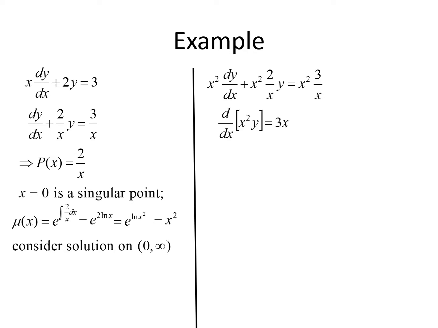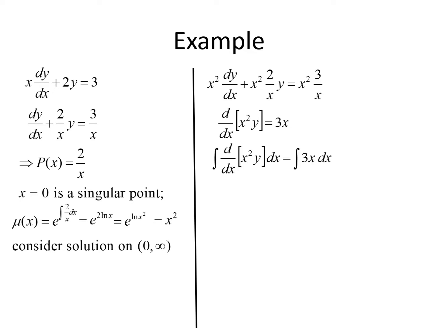So for this problem, that'll be the derivative of x squared times y. And again, that's because of the product rule. If we take this derivative, we'll see that it gives us what we started with above. And on the right-hand side, x squared times 3 over x simplifies to be 3x.